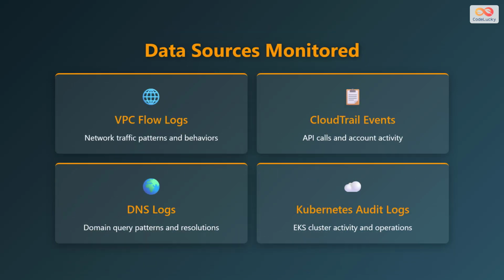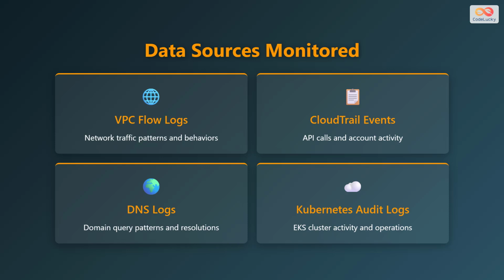GuardDuty works by analyzing data from 4 primary sources in your AWS environment. First, it monitors VPC Flow Logs, which track network traffic patterns and behaviors across your virtual private cloud. Second, it analyzes CloudTrail events, which record all API calls and account activity in your AWS environment.